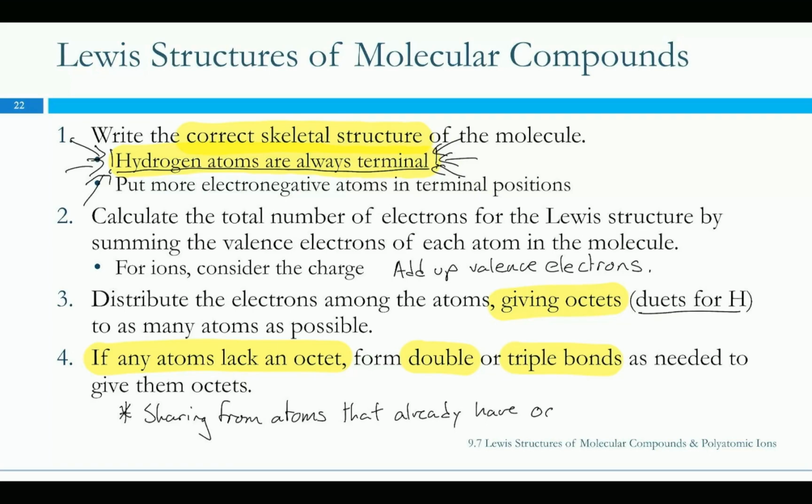Right, if the atom doesn't have an octet already, sharing its electrons doesn't help its octet situation. It needs to take electrons from somewhere else through another bond. So atoms that already have octets. Basically: skeletal structure, add up the valence electrons, form octets, and then double bonds or triple bonds as necessary.